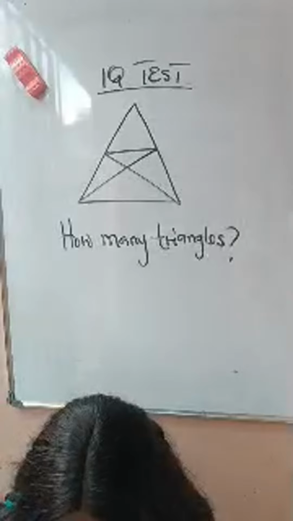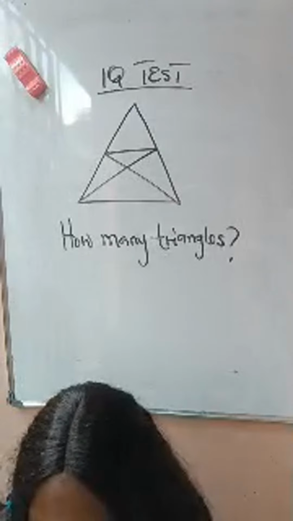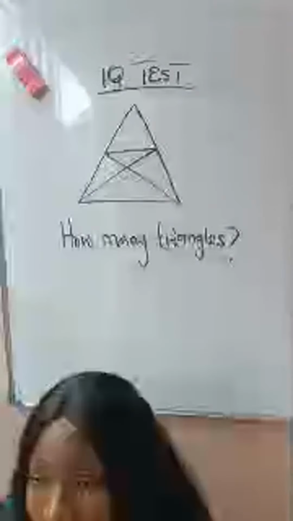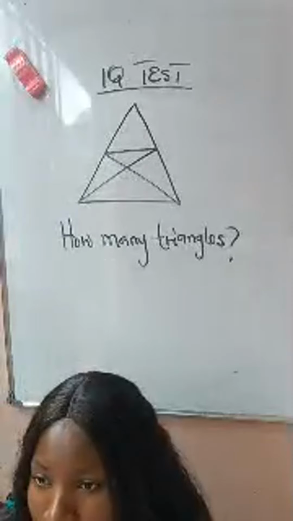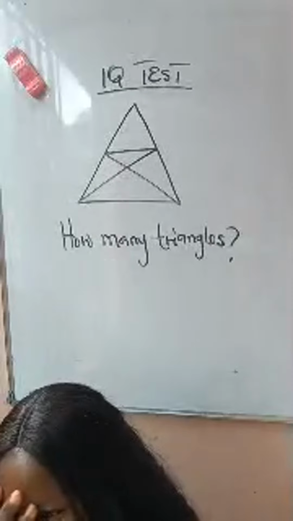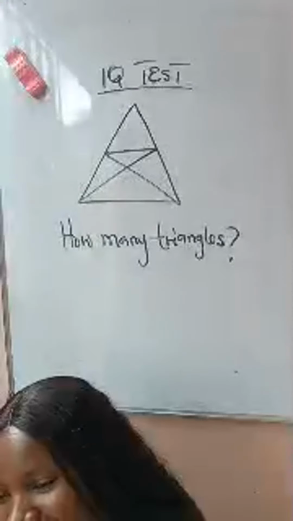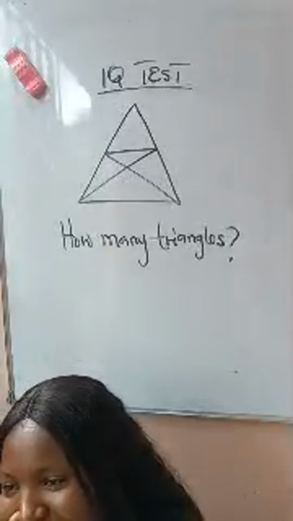Okay. So let's go, friends. Let's go. How many triangles? I can't see clearly all of it. Are you saying that all of a sudden you cannot see anything again?